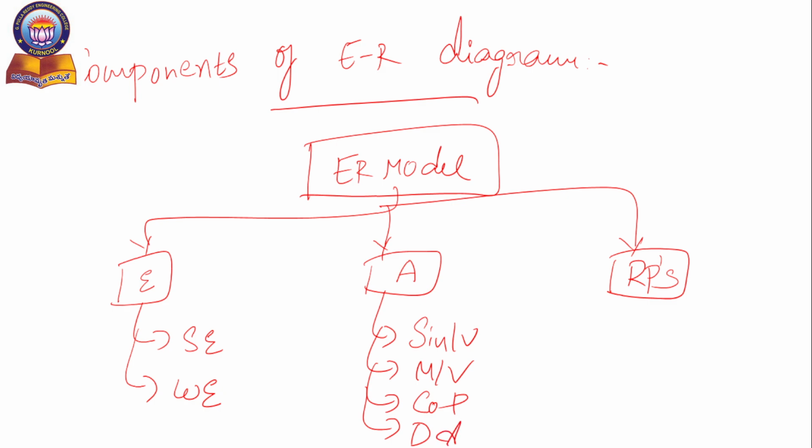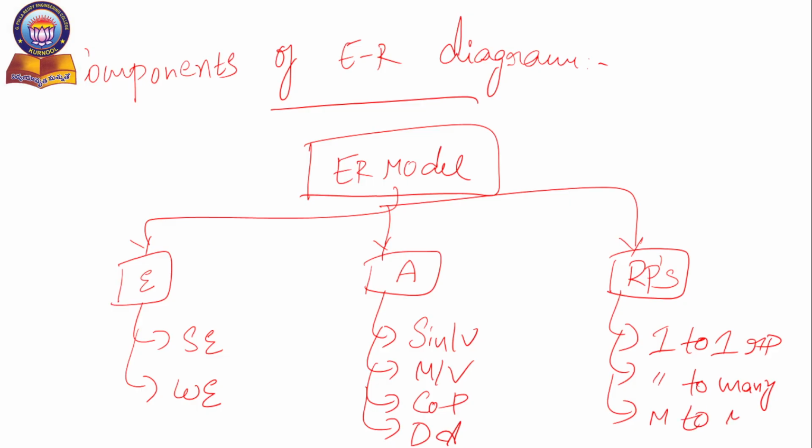Coming to the relationships, how many types of relationships are there? One-to-one relationship. Next, one-to-many relationship, and many-to-many relationship, and many-to-one relationship. These relationships are also represented by symbols.